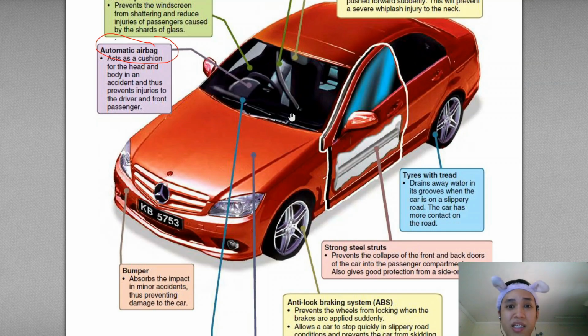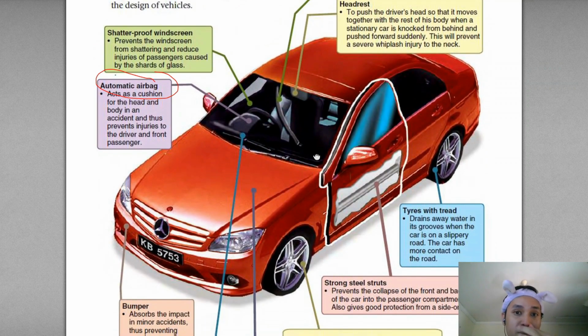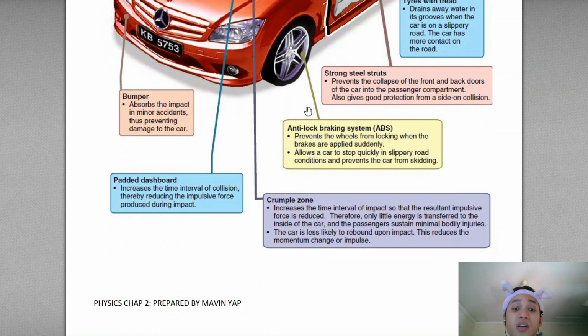If it's all plastic with no metal inside, it's basically like a toy car, and even my dog can crush a toy car. So when they design the car, they make sure certain parts have materials that can absorb impact so that you won't get injured. These are the important safety features that you need to know in your car.